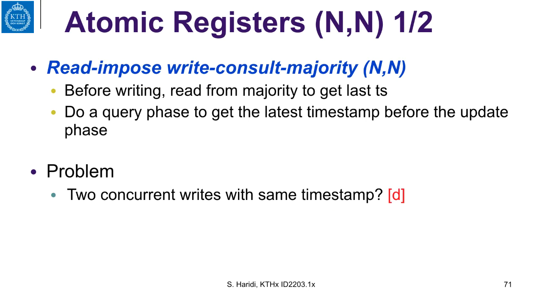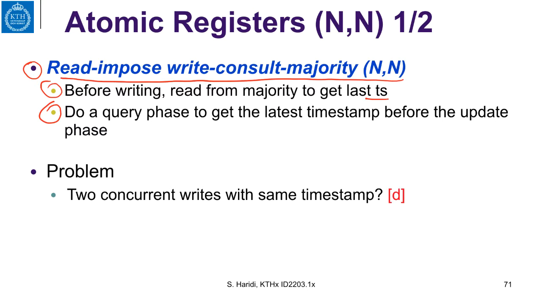So we add a new phase, and we call the algorithm read impose write consult majority. Before writing, we do a read from a majority to get the last timestamp. This means that we do a query phase to get the latest timestamp before the update phase.